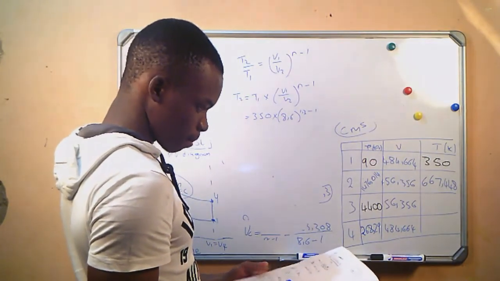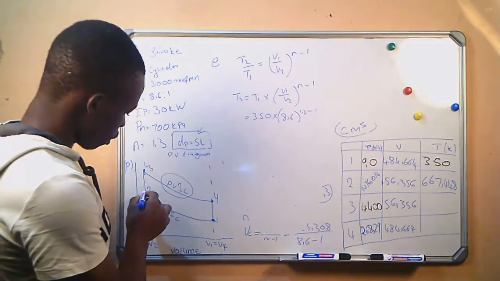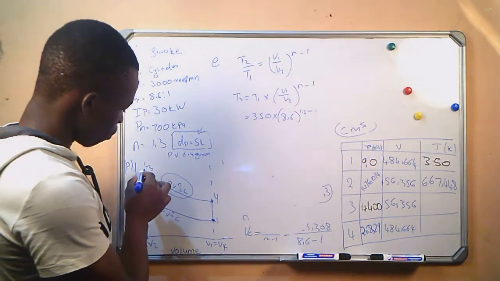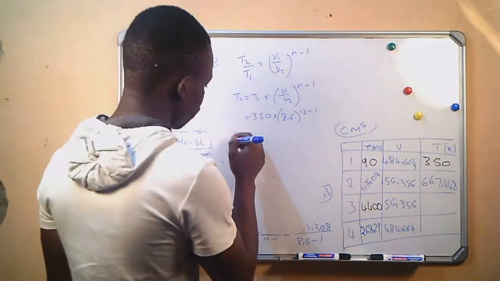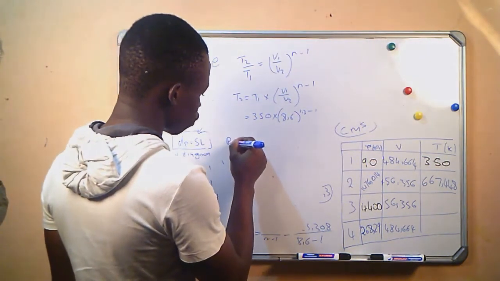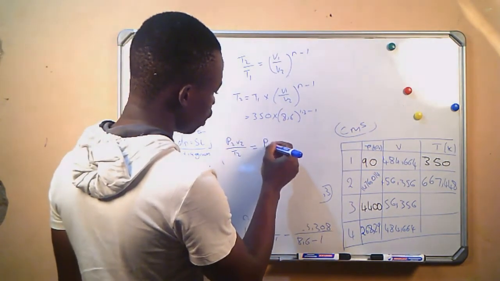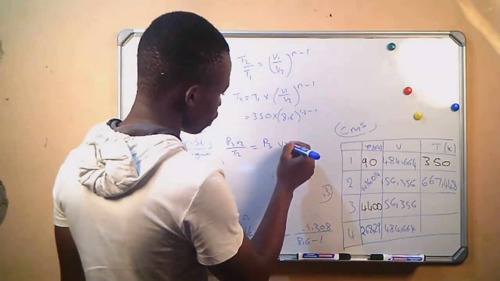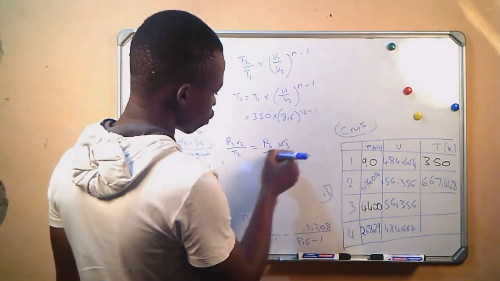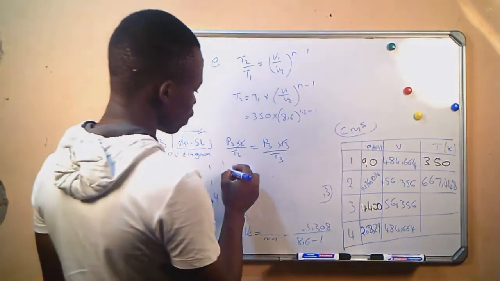From here, we are going to calculate T3 using points 2 and 3. We know it's constant volume. Therefore, we use P2V2 divided by T2 equals P3V3 divided by T3. It's constant volume, therefore the volumes cancel out.